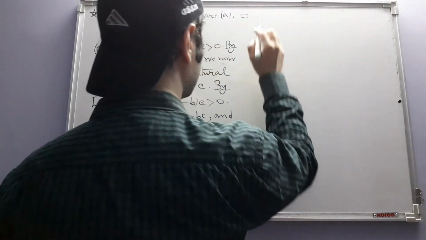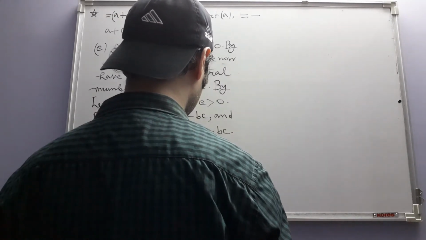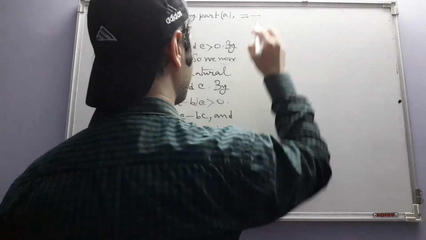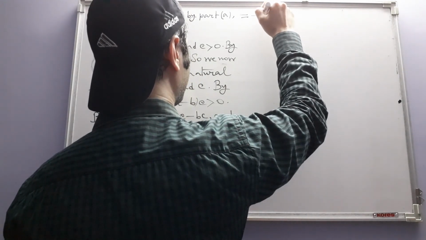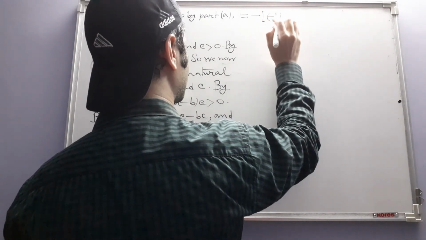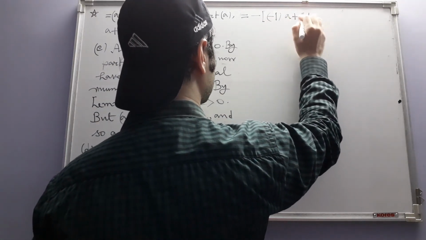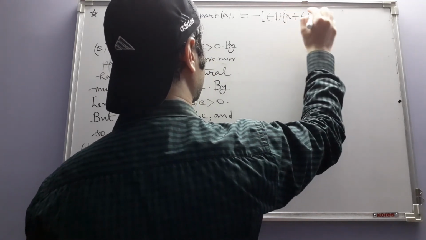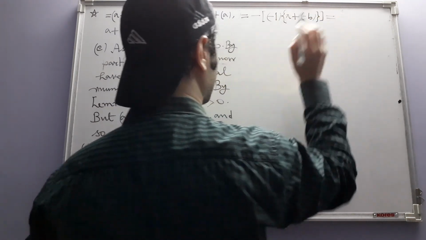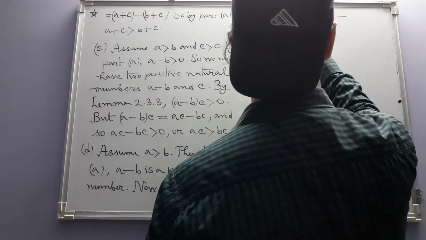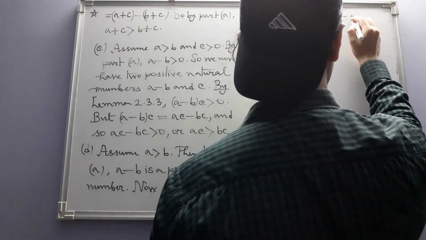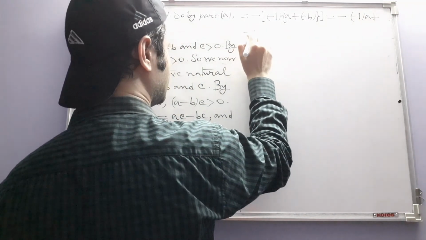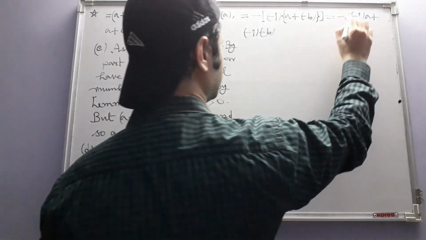Okay, so this is minus of minus 1 times a plus minus b. And this becomes, by the distributive law that we have proved, minus 1 times a plus minus 1 times minus b.